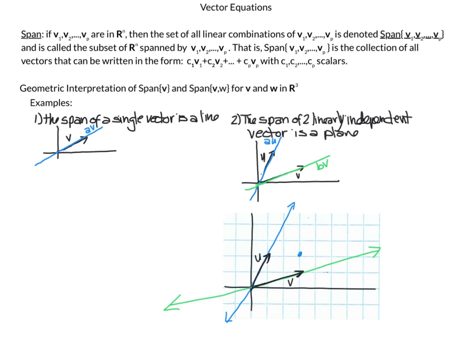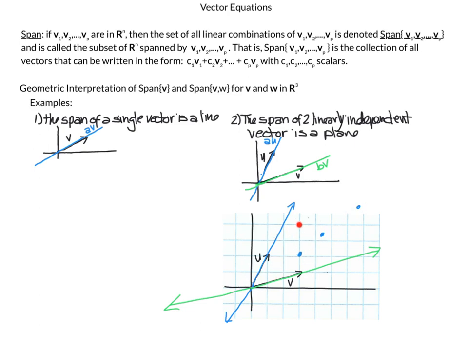And if I just add u and v together, if I take twice u and twice v, then I use my parallelogram law, and I'm going to get this point out here. So far I have everything along this line.